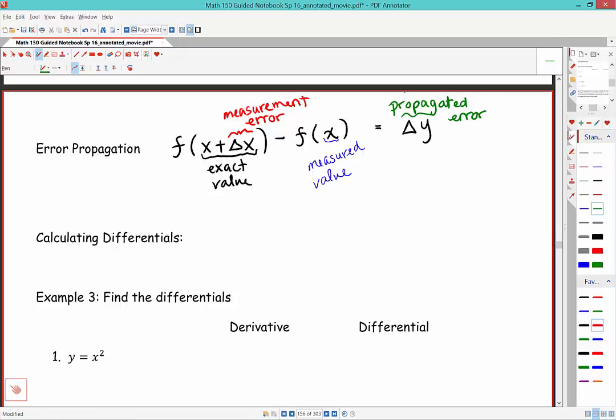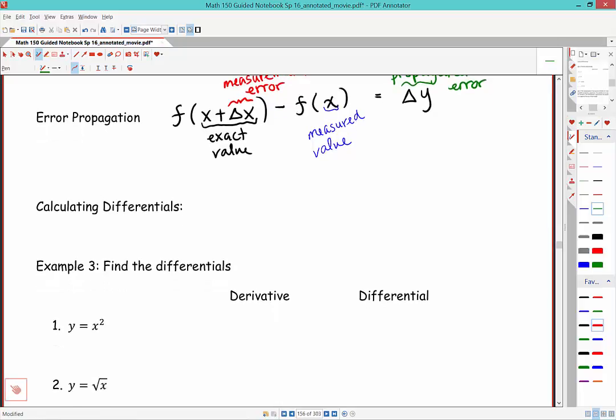So when we are calculating differentials, what we're doing here is pretty much like we did in that prior example, right? So when we're calculating our differentials, you have to remember that delta x is supposed to be small in order to be able to approximate.